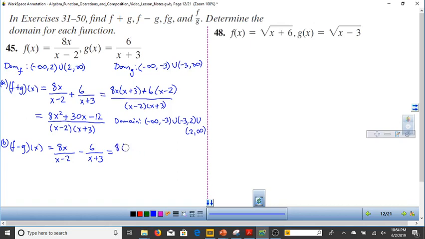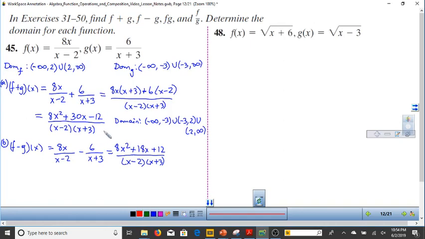We get 8x squared plus 24x minus 6x, that would be plus 18x, and then minus negative 12, plus 12. And then the denominator would be x minus 2, x plus 3, and the same domain.